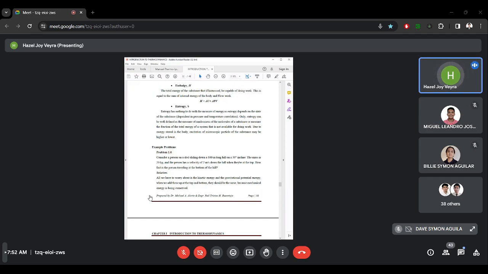Entropy, please read, John Jeremy. Entropy has nothing to do with the measure of energy, as entropy depends on the state of the substance. Only entropy can be well defined as the measure of randomness of the molecules of a substance, the fraction of the total energy of the system that is not available for doing work.